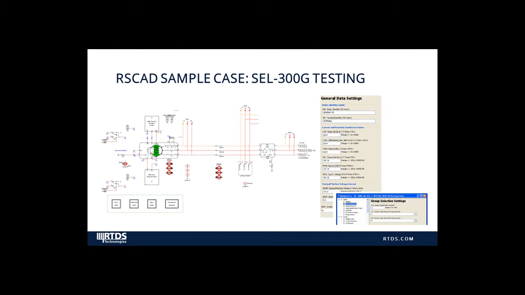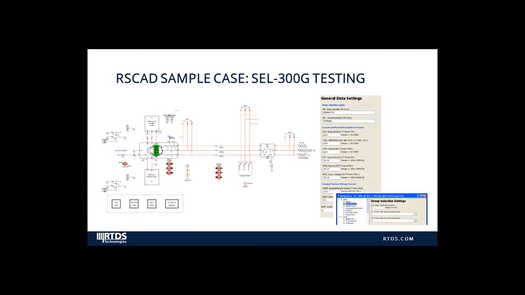Phase A of the machine has 3 sub-windings, and the connection points between them can be connected to ground through an impedance to simulate stator-to-ground faults, and the nodes can also be connected to each other to represent turn-to-turn faults. The stator and neutral currents, circuit breaker current, terminal and neutral voltages are sent to the SEL 300G via instrument transformer models that are connected to physical analog output cards.